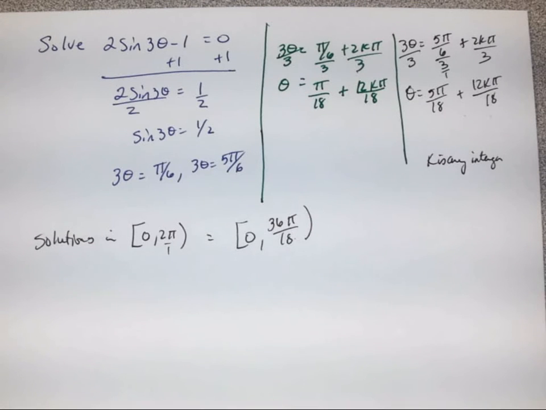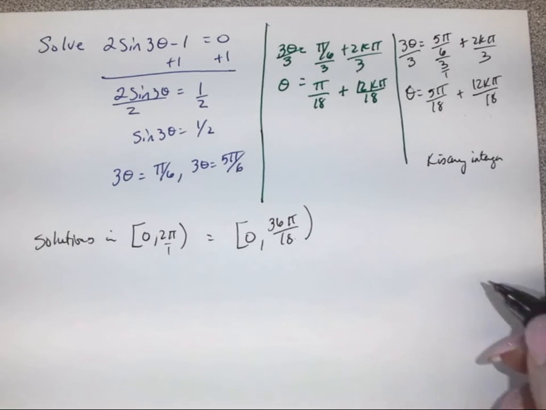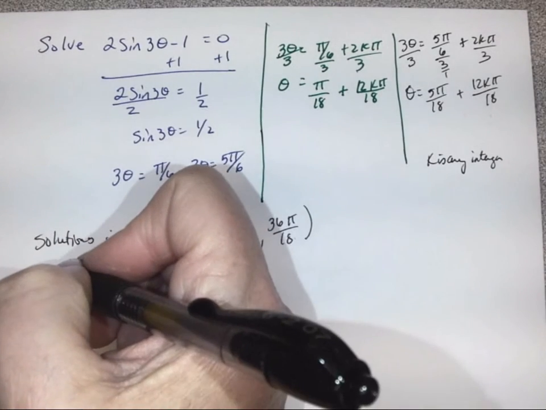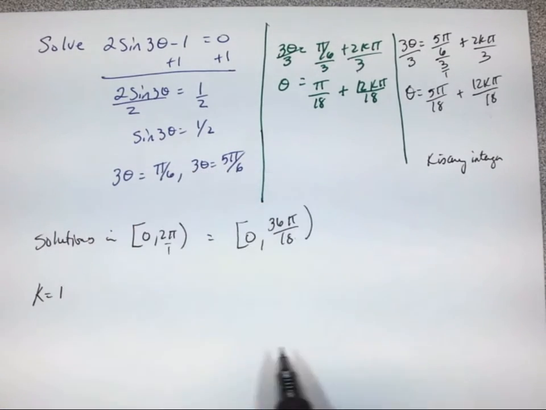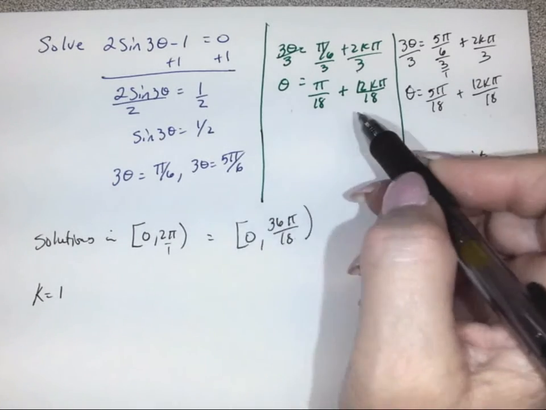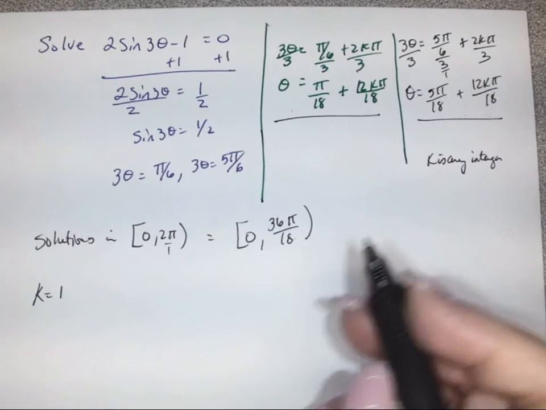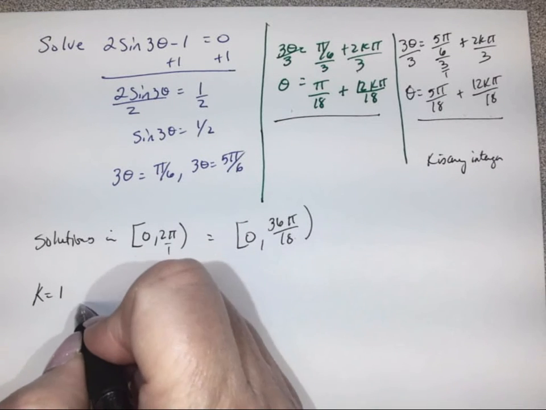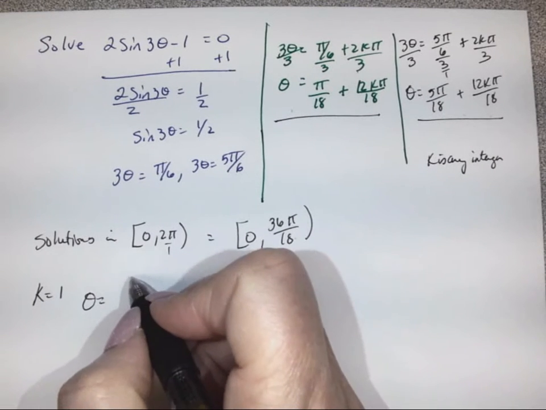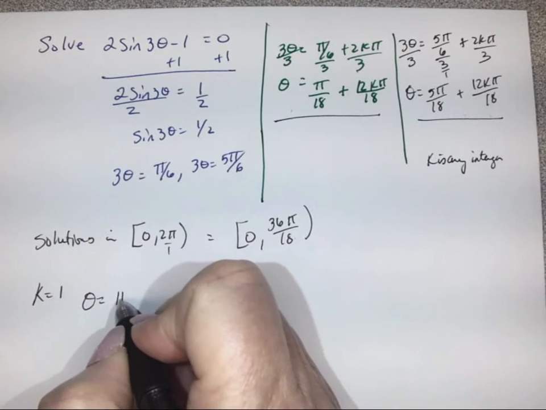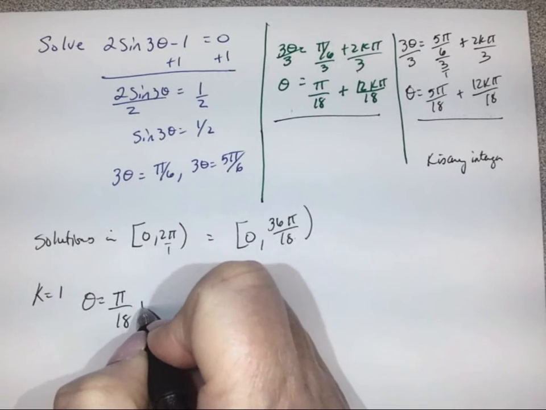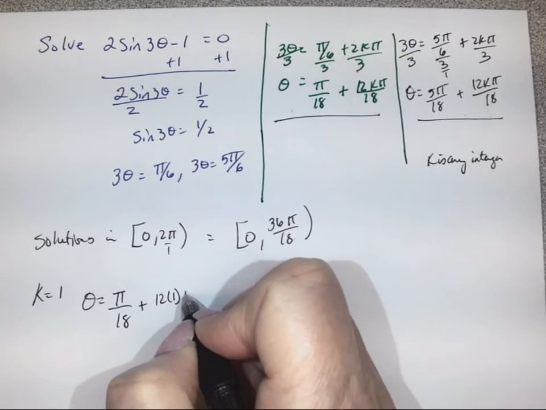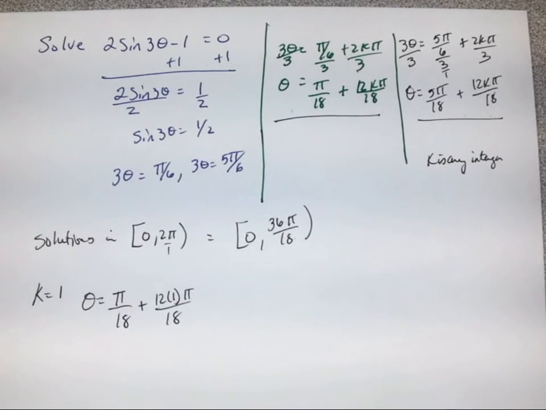So we are looking at k is equal to 1. For k equal to 1, we're using this equation here and this equation there. We're going to have theta is equal to pi over 18 plus 12 times 1 pi over 18.